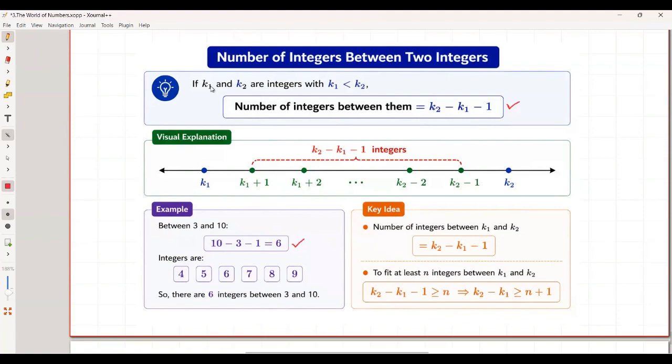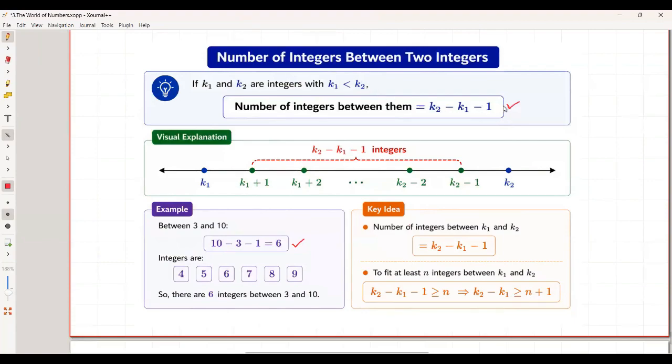Once again, if we are taking two numbers K1 and K2, the condition is K2 should be greater than K1. Then only this condition is applied. If you want to find the number of integers between them, it is K2 minus K1 minus 1.